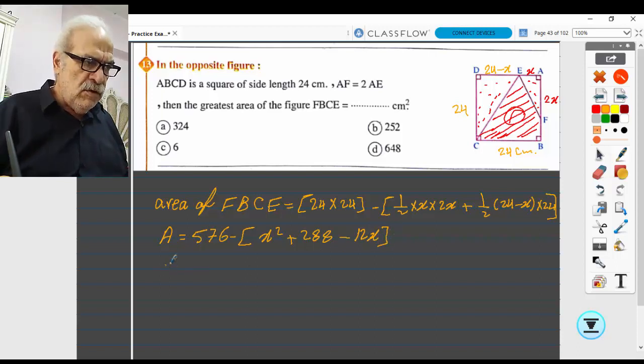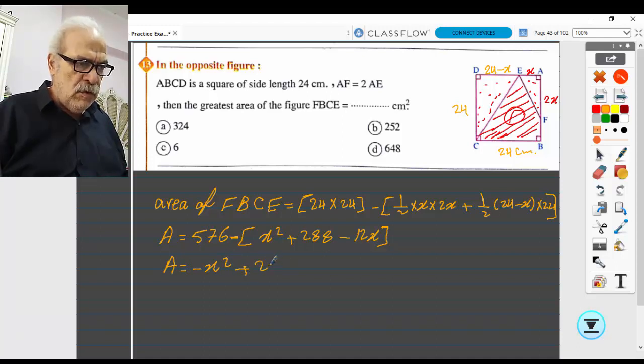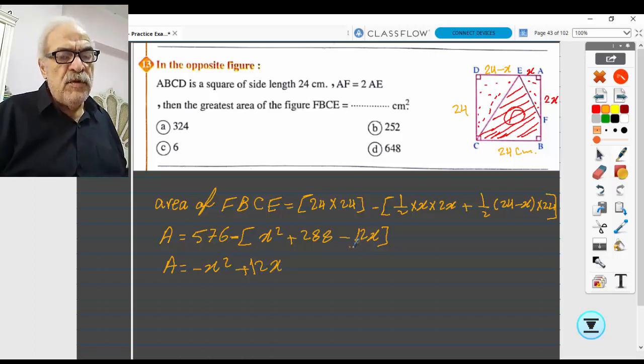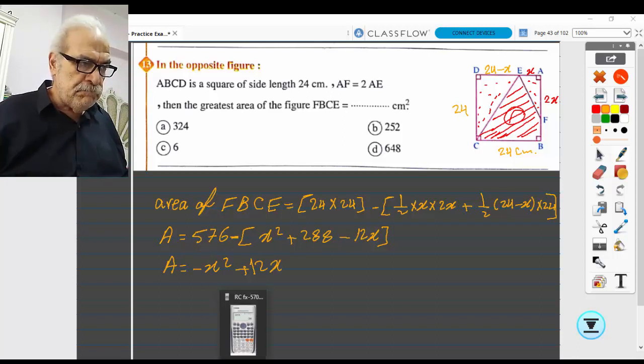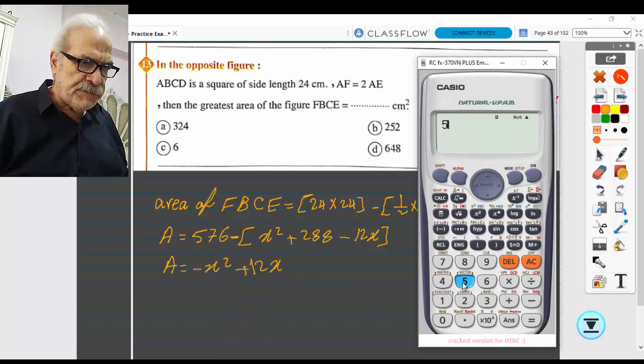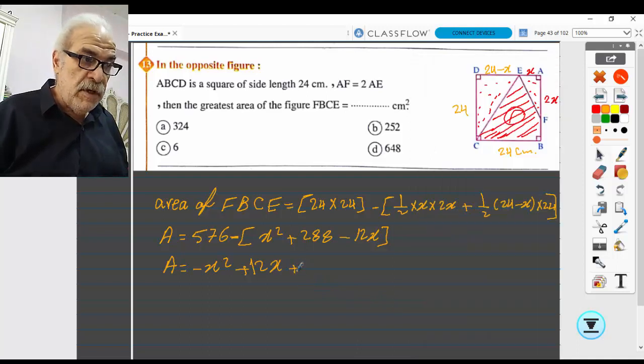So the area A equals, here we have negative x squared plus 12x, as negative multiply negative equals positive 12x, and 576 minus 288 equals 288, plus 288.